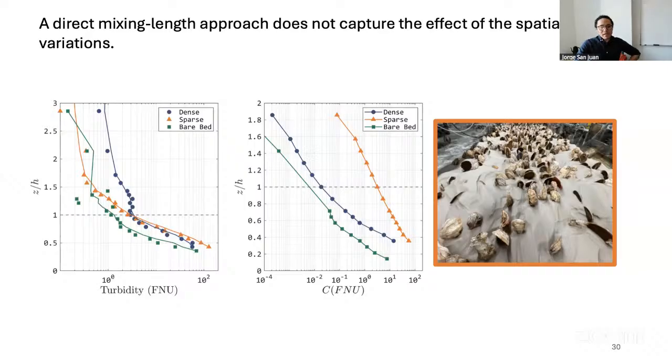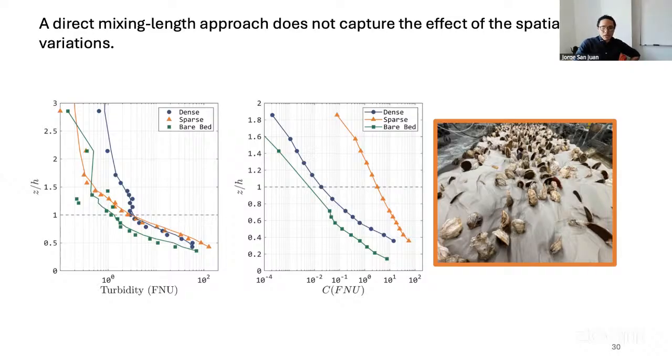The first difference that we can notice between these two plots is that the theoretical mixing length approach for the sediment concentration is telling you that we're going to have more concentration of sediment for the sparse condition in the water column, which is not the case that we observe in the data that we collected for the turbidity.